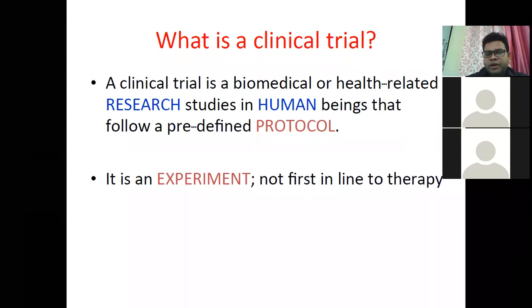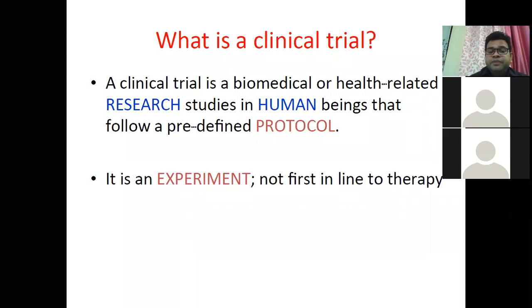They follow the protocol, conduct research on human beings, take observations on the effects of the drug or new therapy, and after that it is approved by the stakeholders, controllers or policymakers.